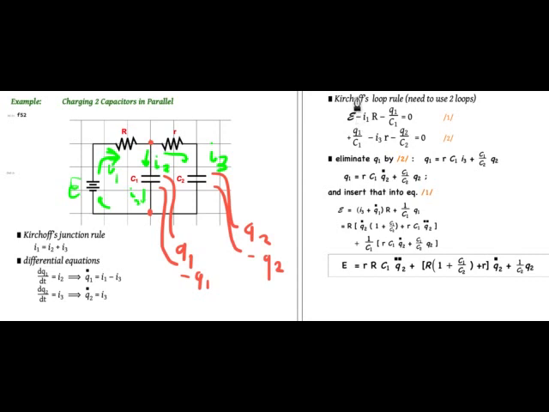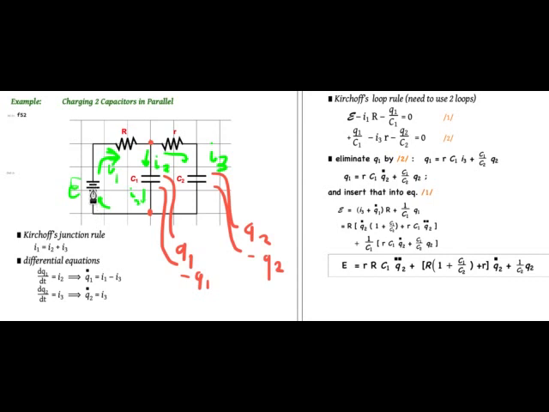And now I have the loops. Kirchhoff's loop rule says the change in the electric potential, change in voltage, across a section of a loop, the sum of those is 0. So as the first loop, let's consider this loop. I have delta V across the battery plus delta V across this resistor plus delta V across this capacitor is 0.